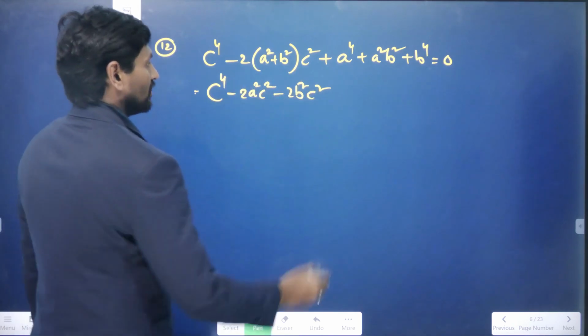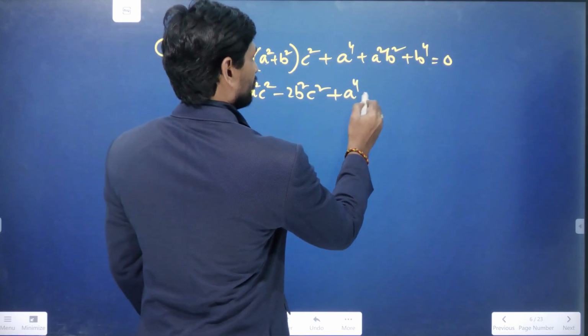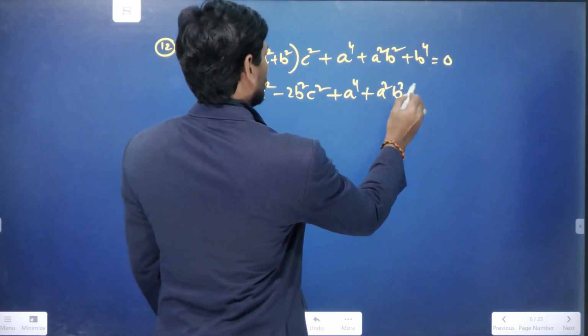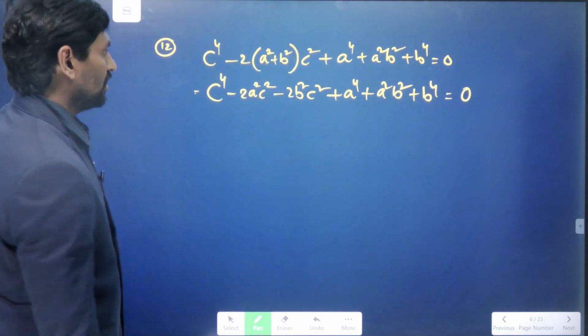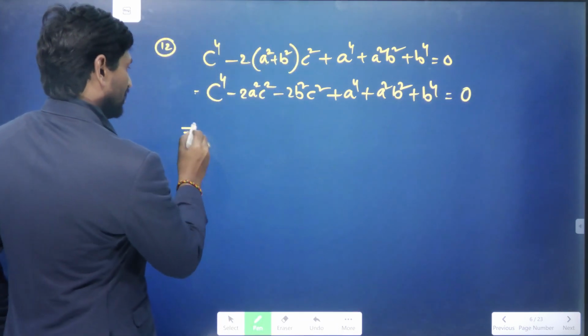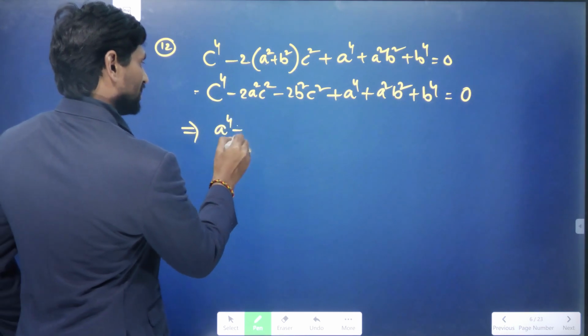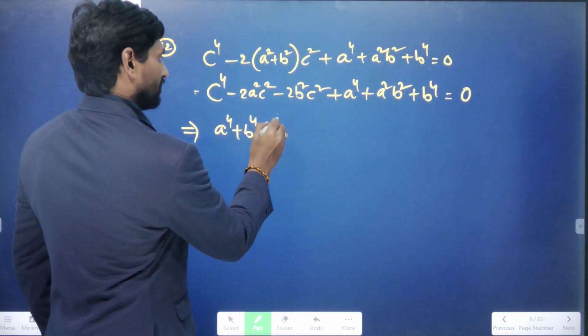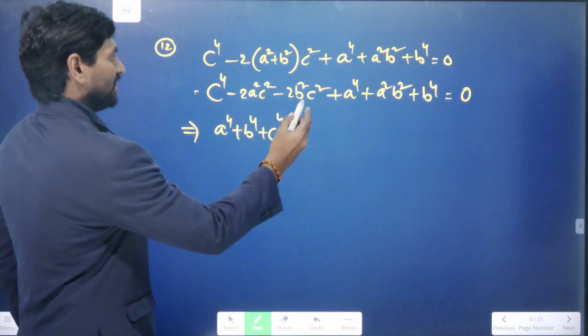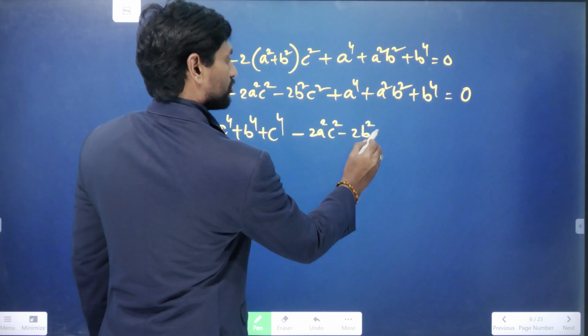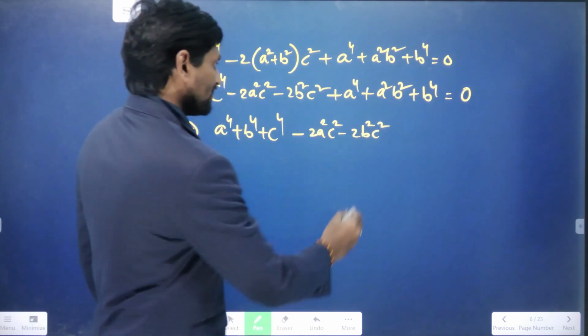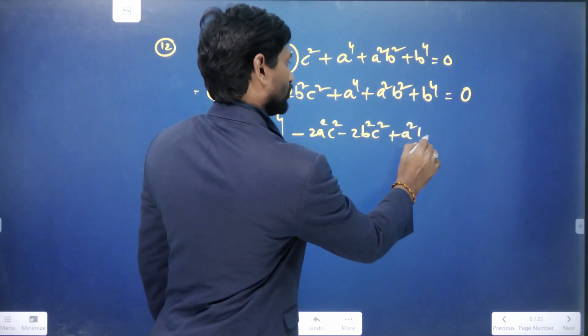Remaining I am writing as a power 4 and a square b square plus b power 4 equal to 0. Now I am writing the terms a power 4 plus b power 4 plus c power 4 together and the remaining terms minus 2a square c square minus 2b square c square and plus a square b square equal to 0.